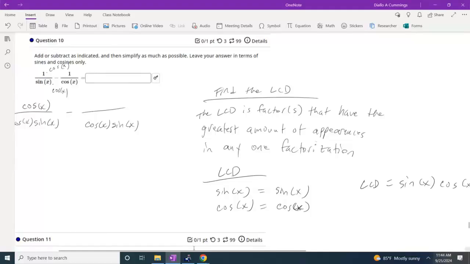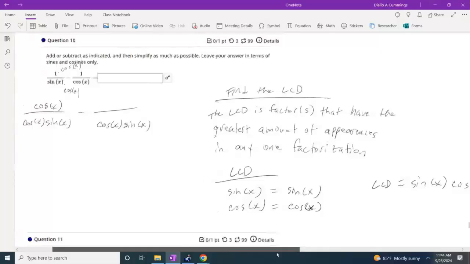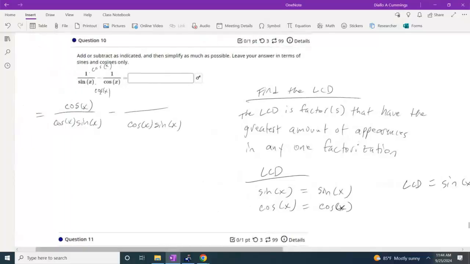So when I make my equivalent fractions, this sine was multiplied by cosine, so I have to multiply the top by cosine. For my second term, this cosine was multiplied by sine to get the least common denominator, so I have to multiply the top by that same quantity. So 1 times sine x gives sine x.